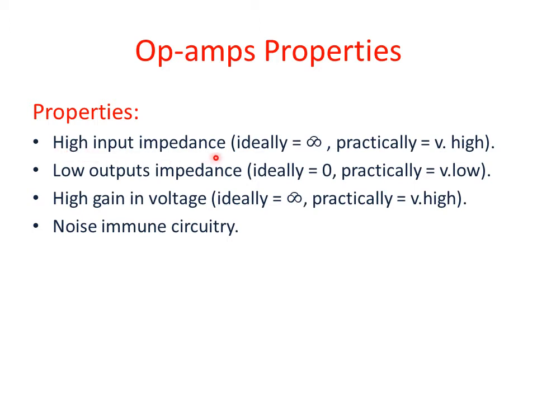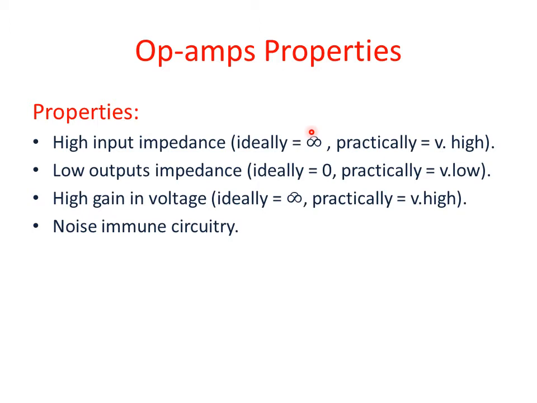We can see that the operational amplifier has high input impedance. If any device has high input impedance, and if it is an ideal device, what will be the highest value of that high input impedance? Of course, that high value would be infinite. So if we are considering the operational amplifier as an ideal device, the highest input impedance it will be having will be infinity.